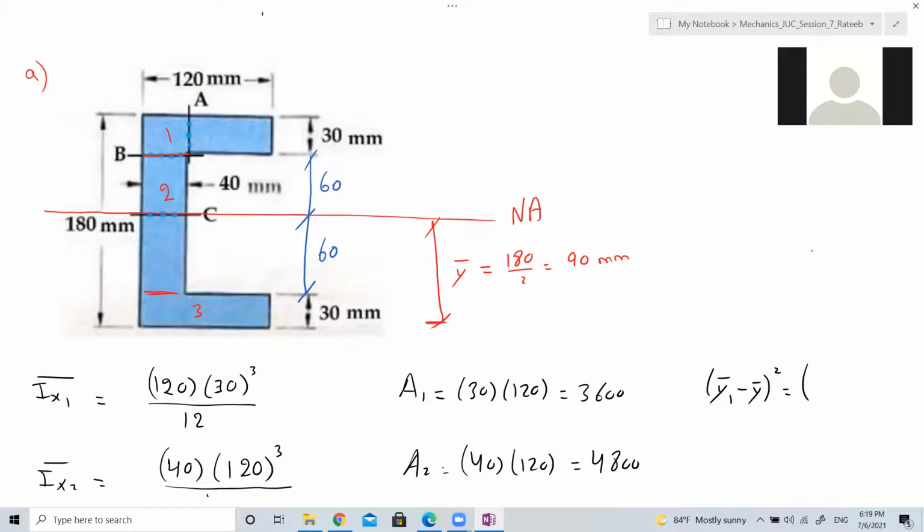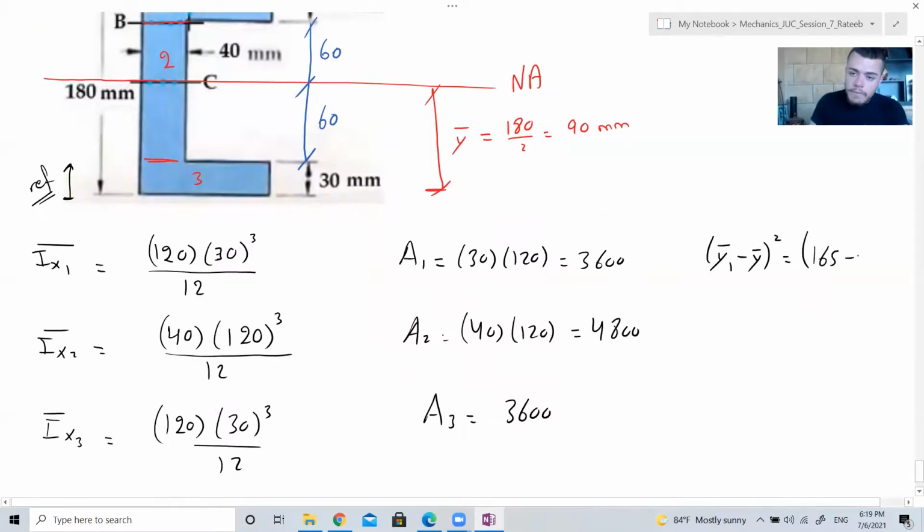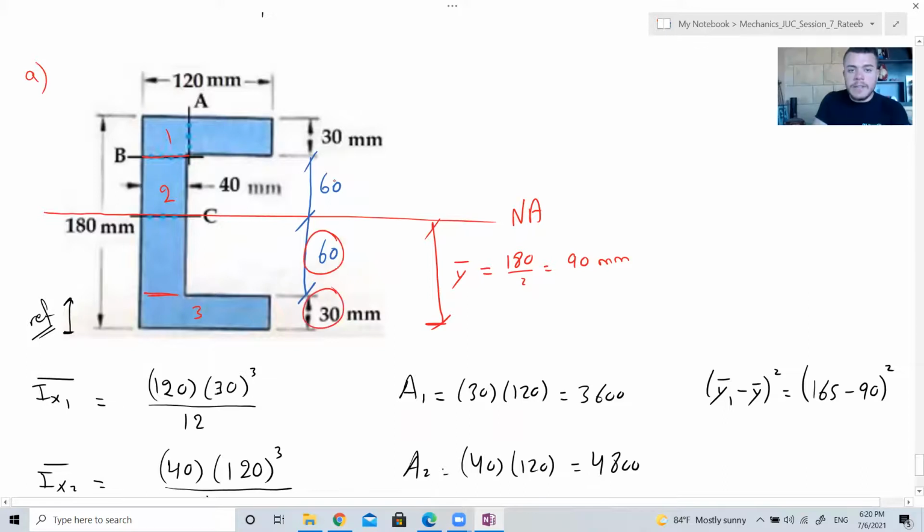15? Wrong, the reference is from the bottom. y1 bar is here: 30 plus 120 plus 15, which gives 165, minus y bar, which is 90. Actually it is 30 plus 60 plus 60 plus 15.